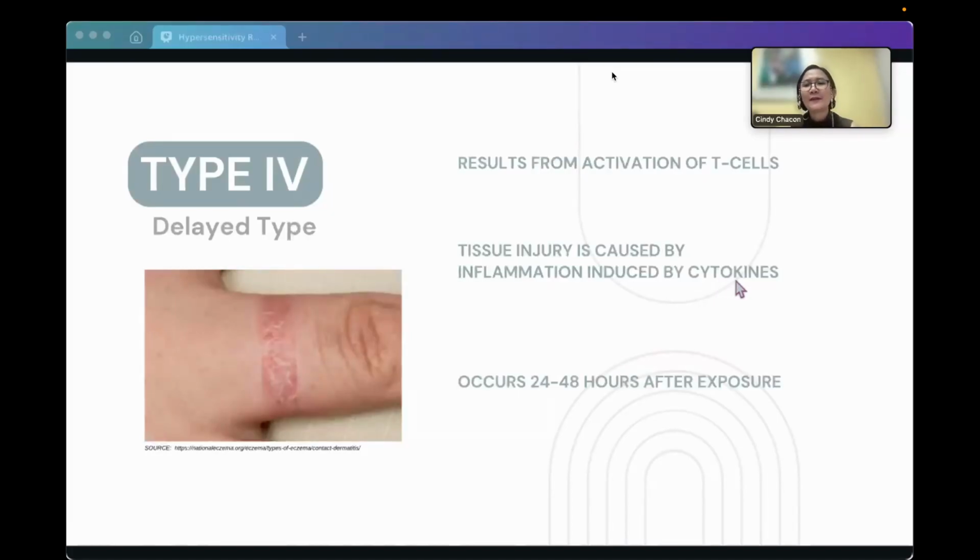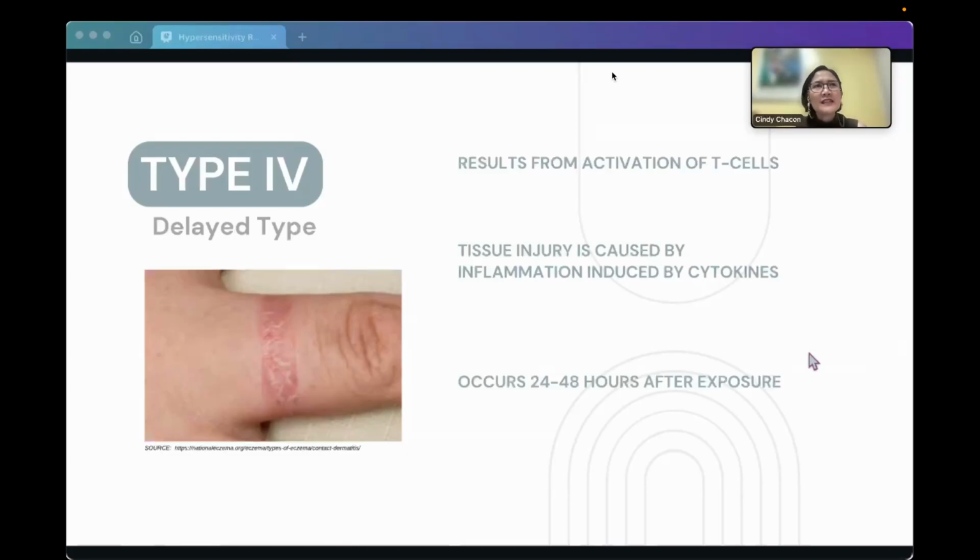This type of hypersensitivity reaction, unlike the previous three, does not involve antibodies, right? It is rather a reaction that results from the activation of your T cells or T lymphocytes against self-antigens in autoimmune diseases, and exaggerated or persistent responses to environmental antigens, such as those that you see in contact dermatitis.